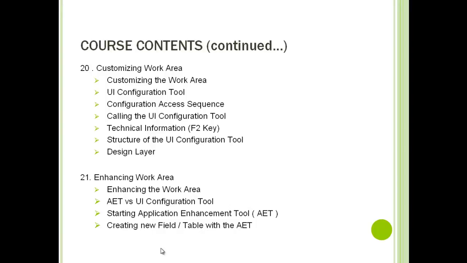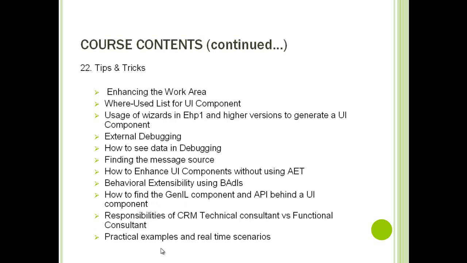We'll also look into enhancing the work area: enhancing the work area with AT, the application enhancement tool, versus the UI configuration tool. What is the difference between these two? How to start the application enhancement tool, how to create a new field or table using AT.